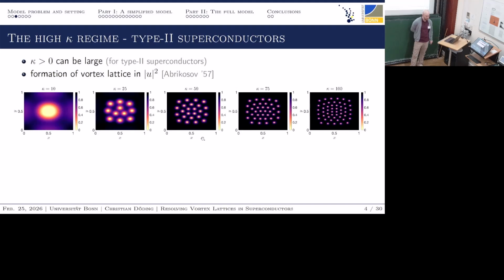So shown here is the density of the order parameter, and what you observe is as you increase the value of kappa, the number of vortices increases as well. Their size shrinks somehow. And of course, if you want to resolve this now with a suitable numerical method, you need to have a sufficiently small mesh to resolve actually this vortex pattern.